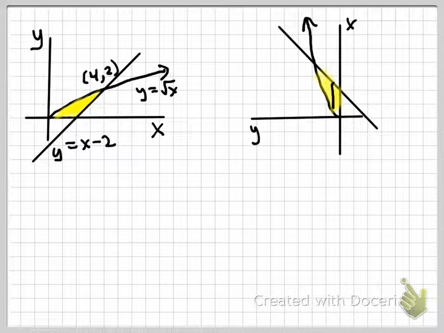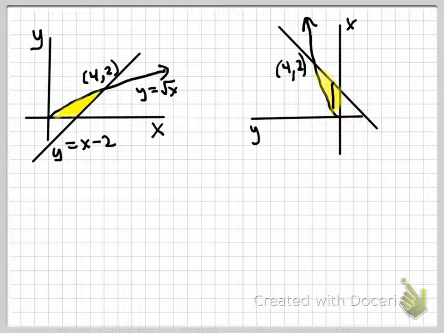Okay? So again, this point over here is the point where it's still going to be x is 4, y is 2. And now I want to consider these functions not in y equals form, but it's nicer to have them in x equals form if we're going to integrate with respect to the y-axis.